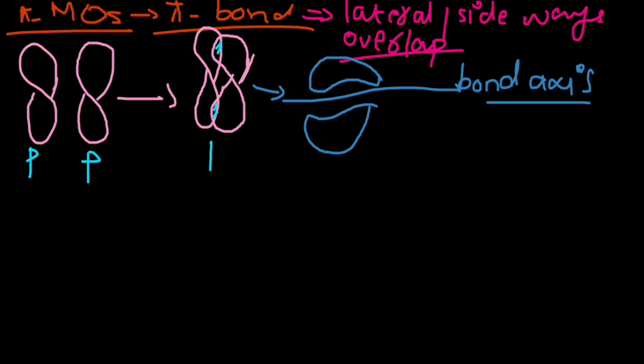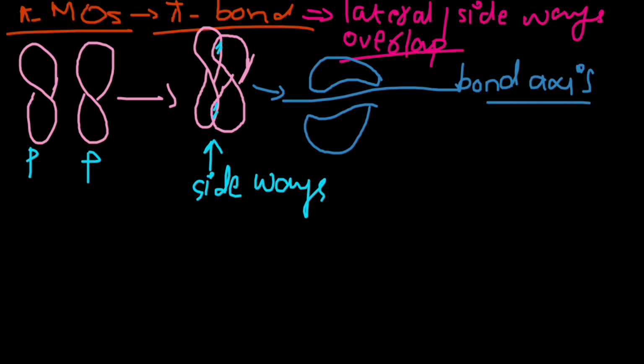Their overlapping is like this, known as sideways overlapping. Their sides are just overlapped, and this extent of overlapping is less than the extent of overlapping in sigma bond.